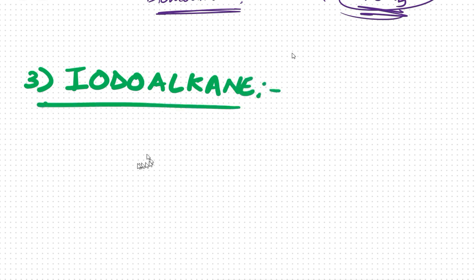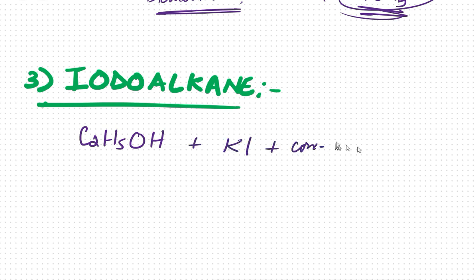Let's move on to our last product, that is iodoalkane. The case is similar for iodoalkane. We are not going to use hydrogen iodide directly. We will first have to prepare it, and we prepare it using potassium iodide and concentrated H3PO4.